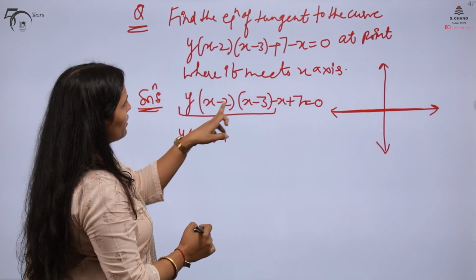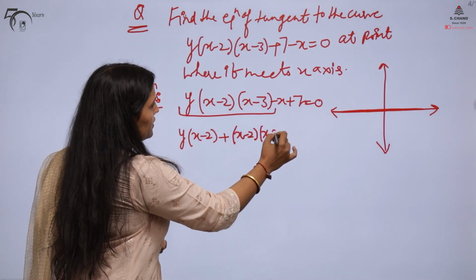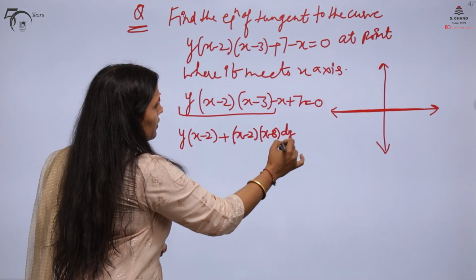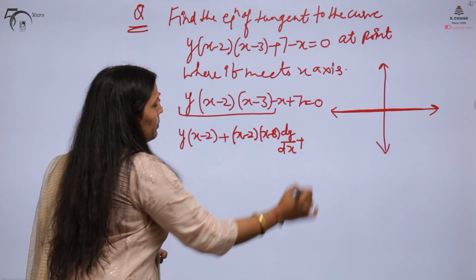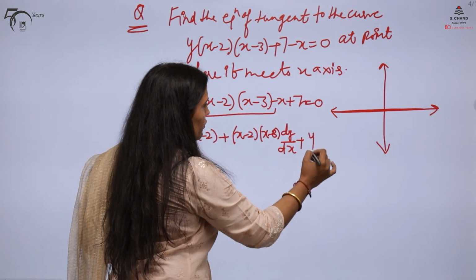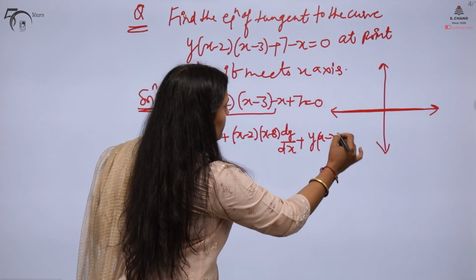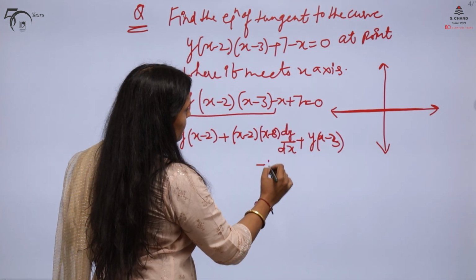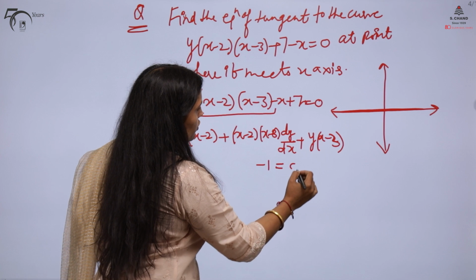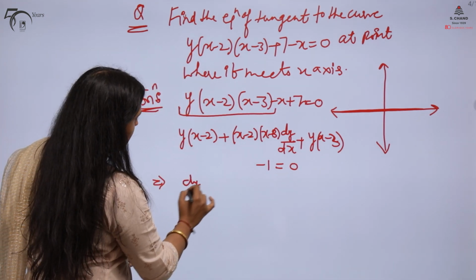Then keeping these two the same, the derivative of y will be dy by dx. Then plus, keeping this and this the same, the derivative of the x minus 2 term will be 1, and this will be 0. So I will write the expression again.